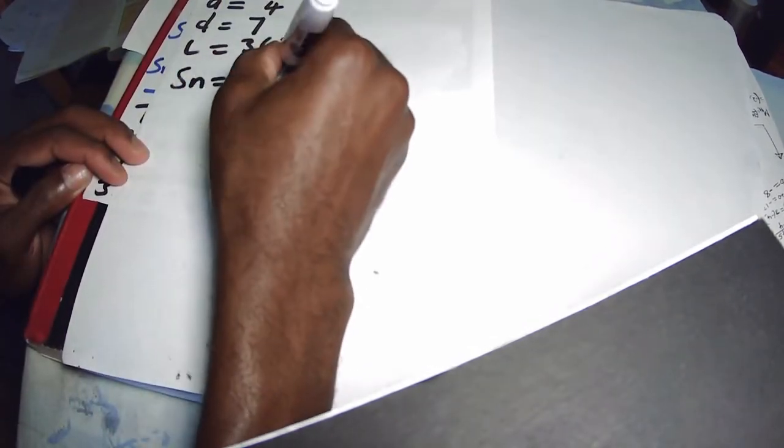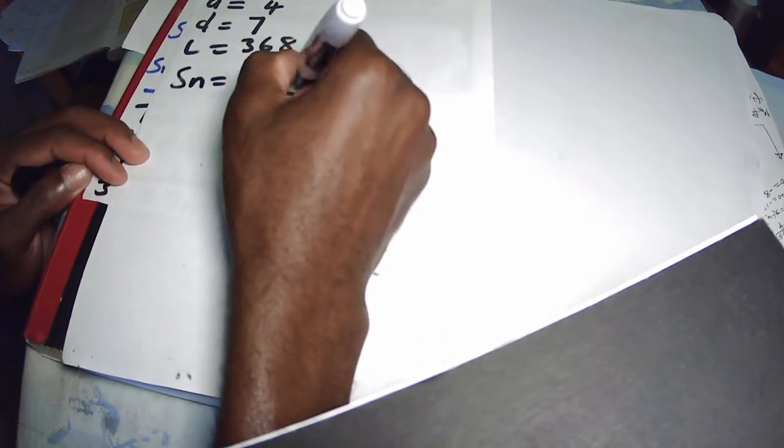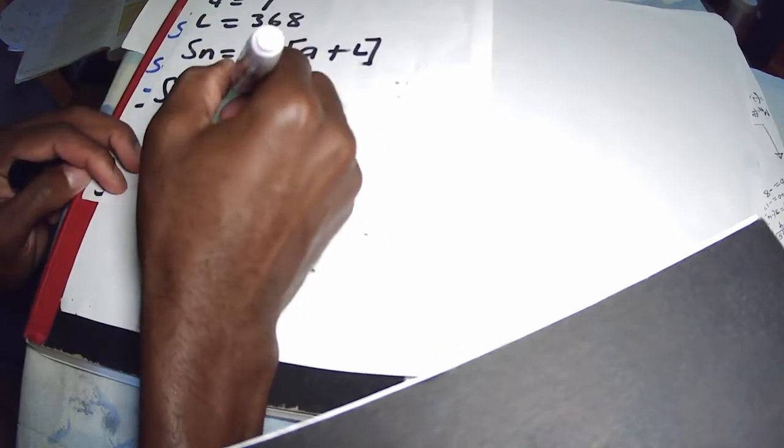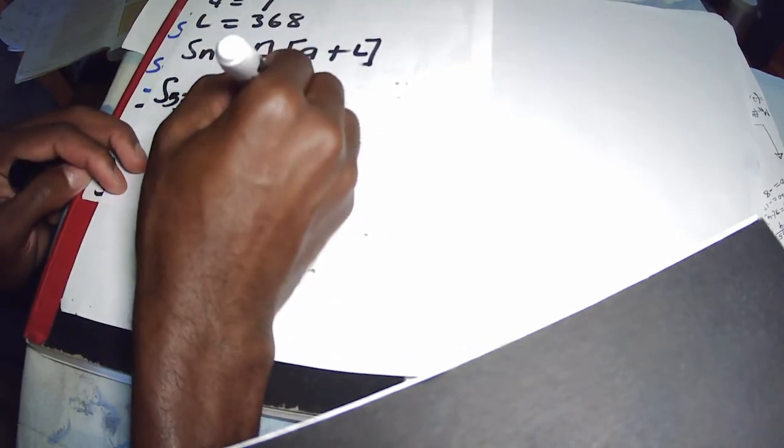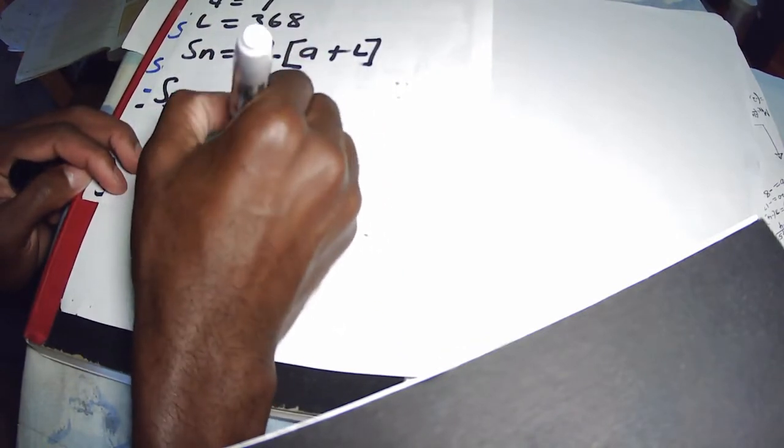So the sum formula is n divided by 2, a plus l.